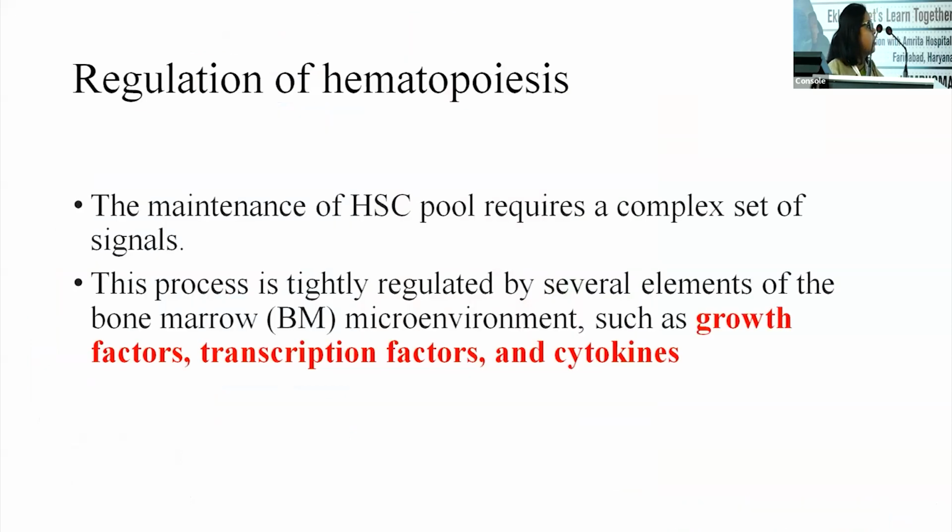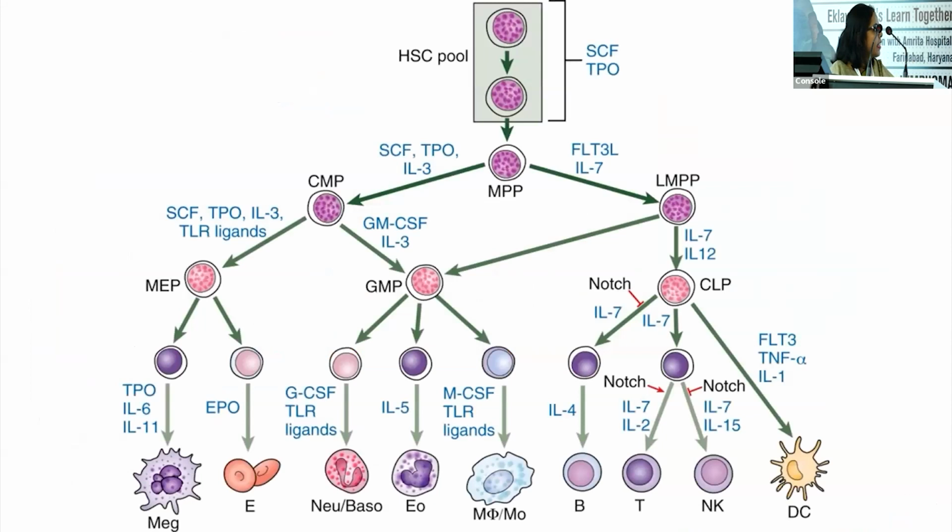Now, moving on to the regulation of hematopoiesis. It is again a very tightly regulated process by several elements of the bone marrow, both intrinsic as well as extrinsic. Intrinsic factors are like transcription factors, and extrinsic factors are various cytokines and growth factors. Some factors like stem cell factor and a lot of interleukins are produced in the bone marrow microenvironment itself.